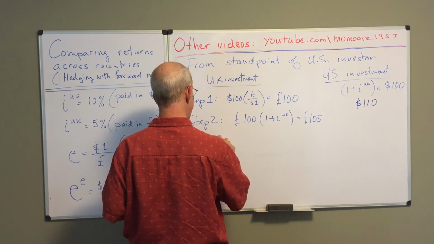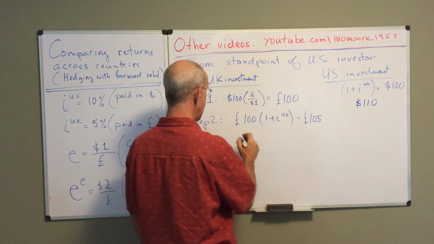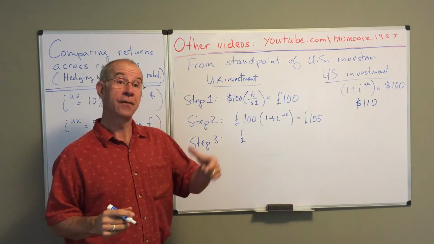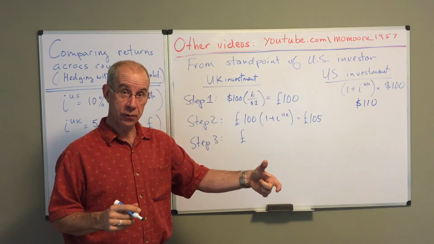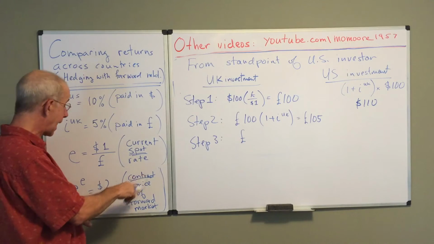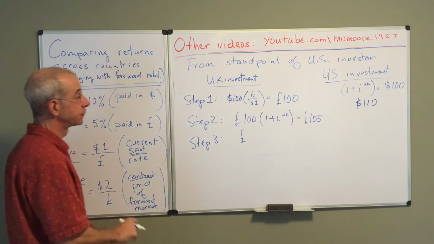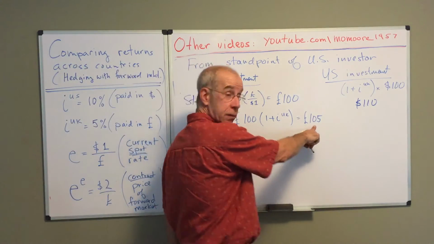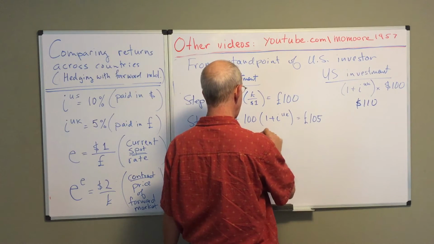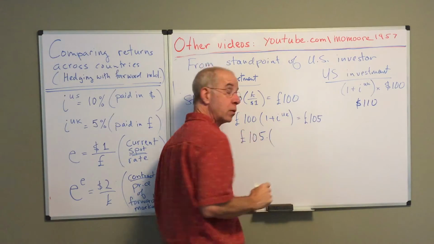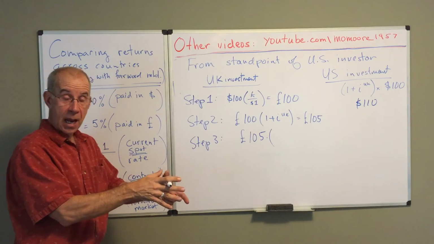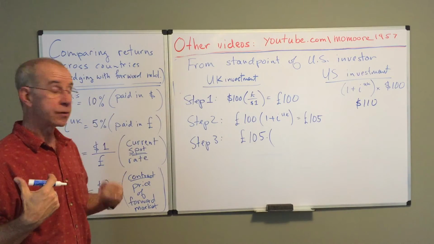And the third part of the process is to contract for delivery of dollars in the future through the forward contract at this rate. So the American knows with certainty that they're going to have 105 pounds. They will say, okay, I want to take those 105 pounds in a year and get back dollars.